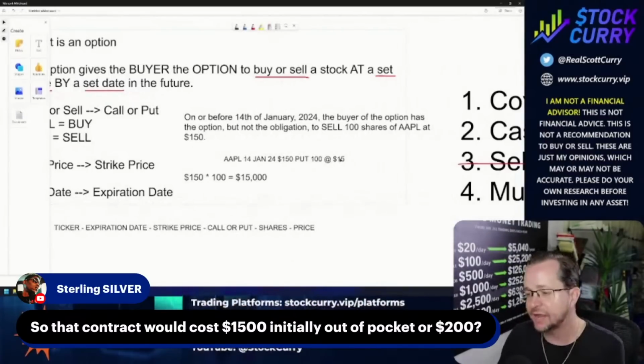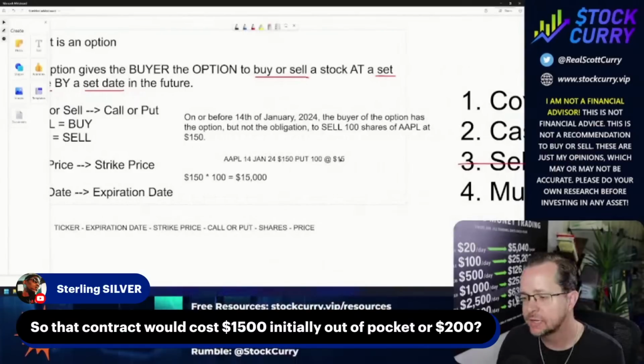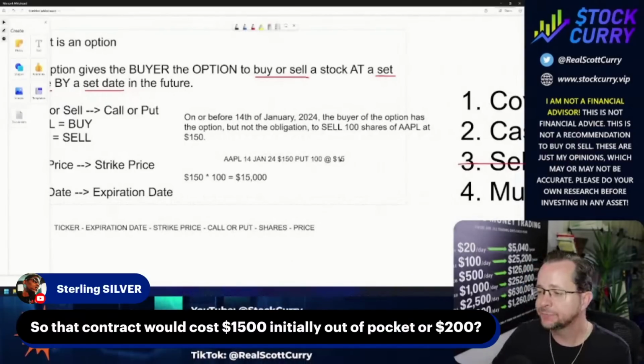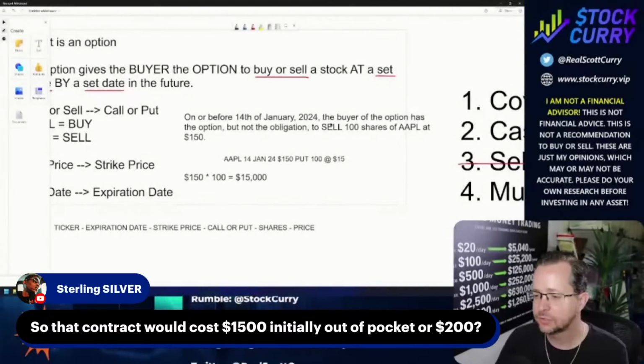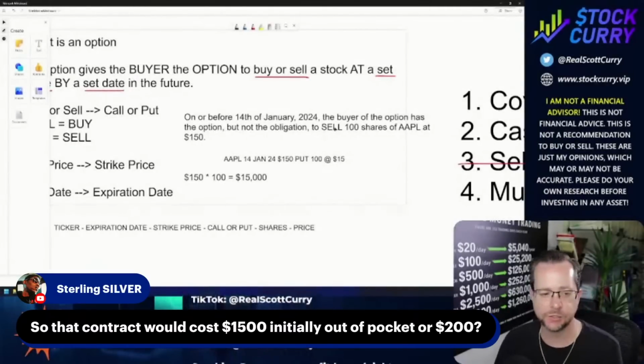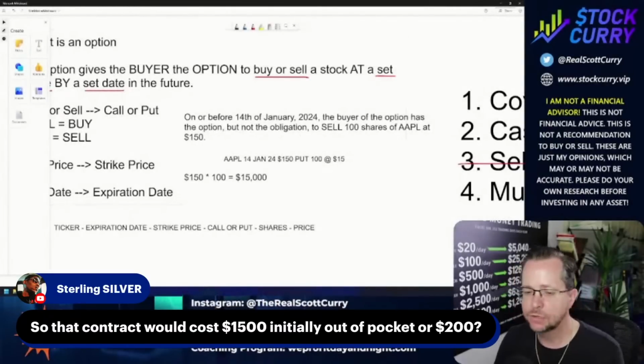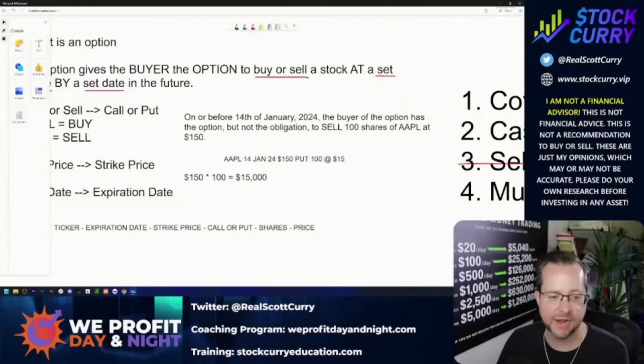You're paying $1,500 for the right to buy or sell your shares. So yes, you have to pay for the right to do that.